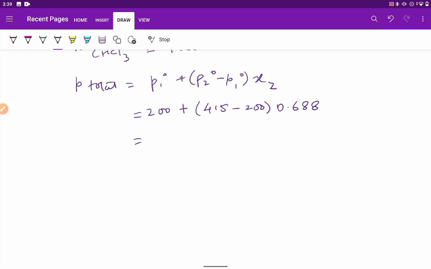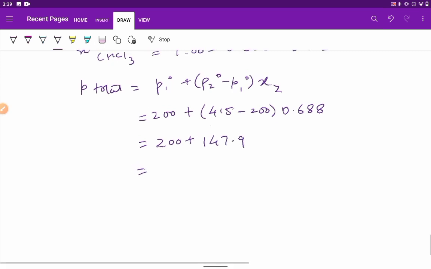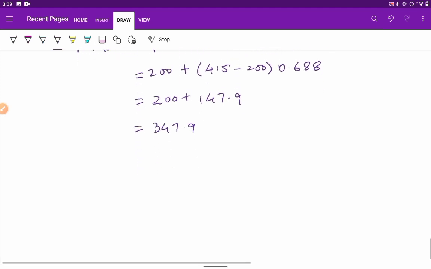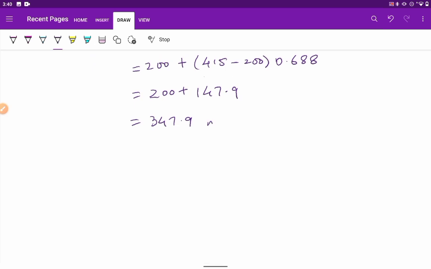This is equal to 200 plus 147.9, which is equal to 347.9 millimeter mercury. So the final answer is 347.9 millimeter mercury.